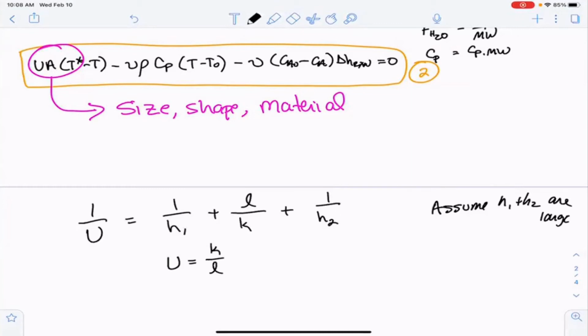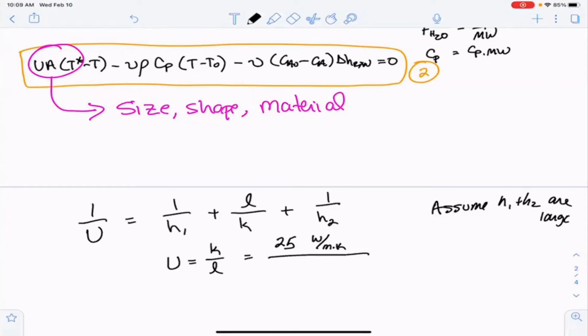Now, we're told in the problem that our reactor is made from stainless steel. And so you can actually look up the heat transfer coefficient for stainless steel, which I did, and it's 25 watts per meter Kelvin. And we were told in the problem statement that our reactor thickness is 1/4 of an inch.